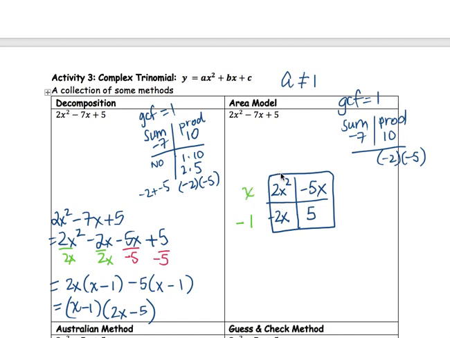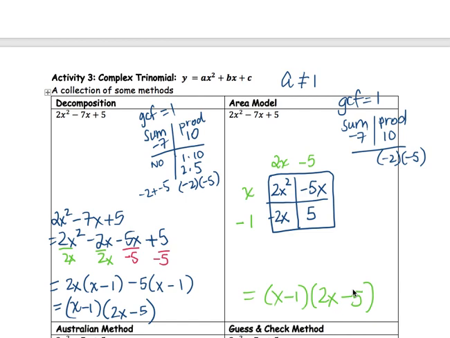Down the column here, they both have a 2 in common and an x. And here's another one that's negative, so -5 comes out. Then we get to our answer: write the factors that are found on the outside of the box. And there is the area model method.